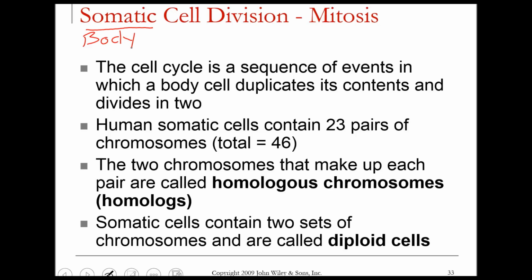My father may have given me another piece of genetic information on another chromosome that says brown eyes. Both of them have genes that are all about eye color, but they don't have to be exactly the same. So we call those two chromosomes that are paired up homologous chromosomes. Somatic cells contain two sets of chromosomes, so we call them diploid cells.